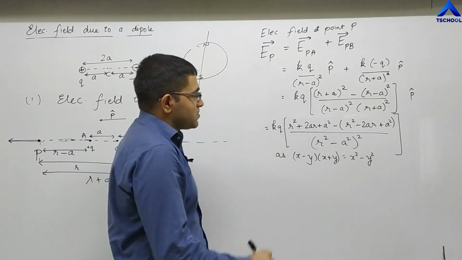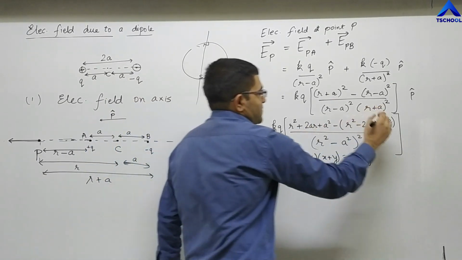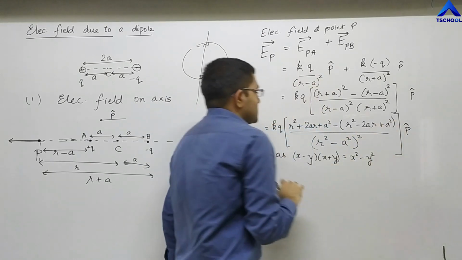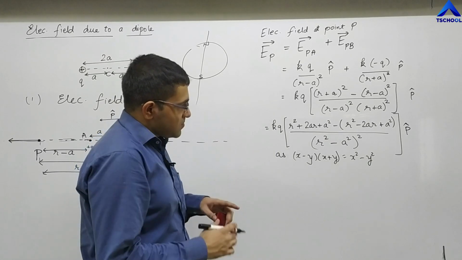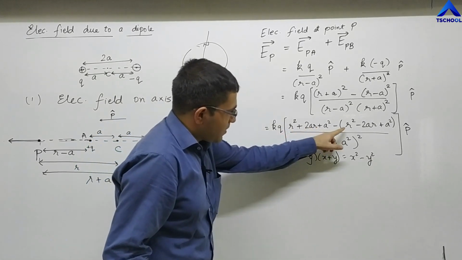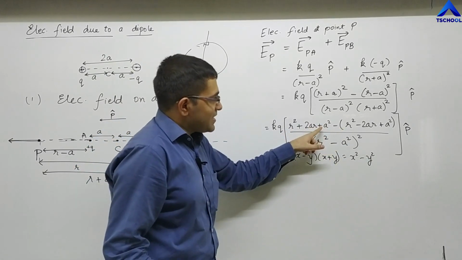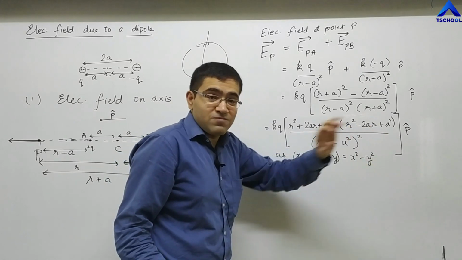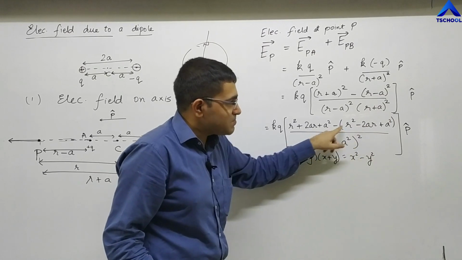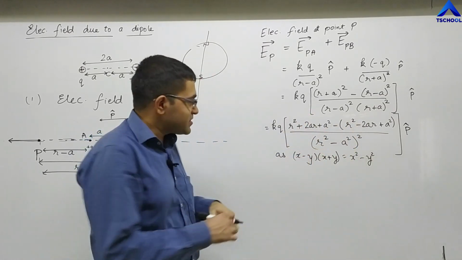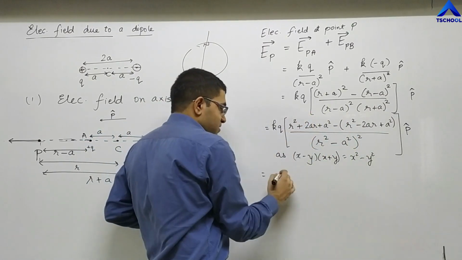So now when we open this bracket, we are going to see that a lot of terms are cancelled. r square is going to be cancelled. a square is going to be cancelled because the sign will change, don't forget that. And 2ar is actually going to be added with 2ar, and that will give us 4ar.